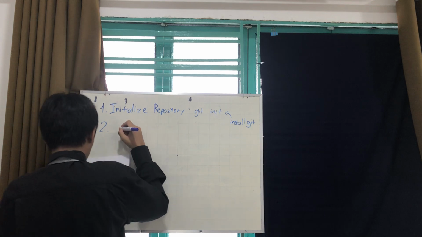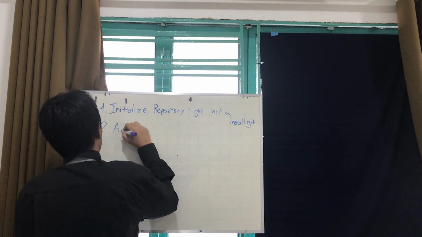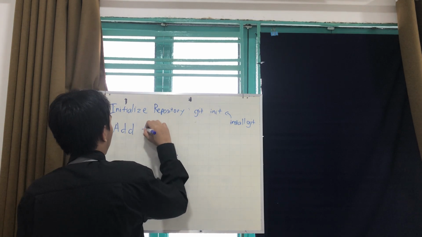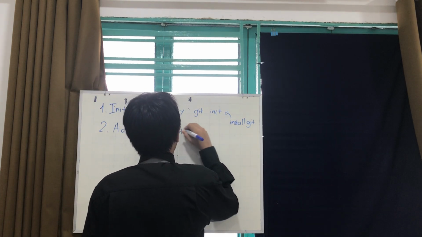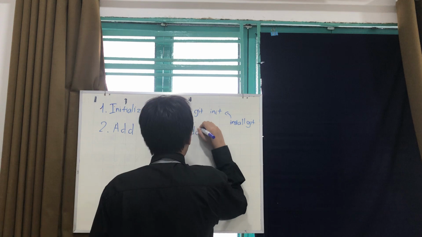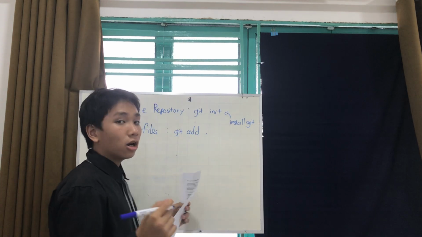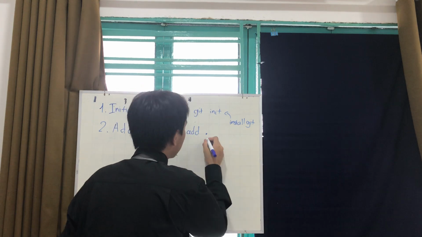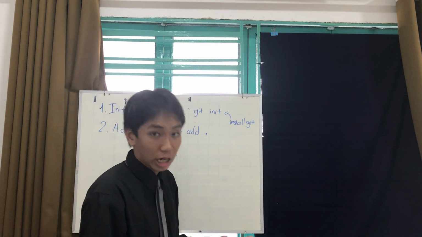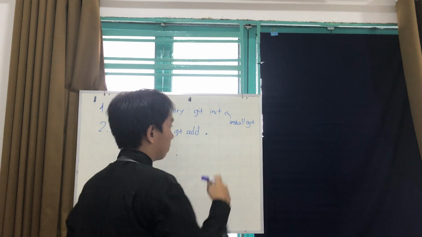The second step is to add your files. This is where we track our files. We track our files by using git add. And remember the dot at the end. The dot at the end says to add everything that you have changed to your repository.